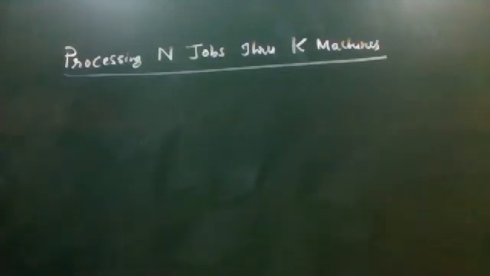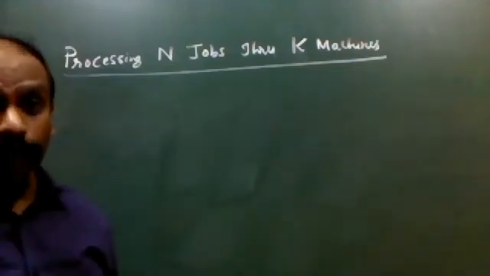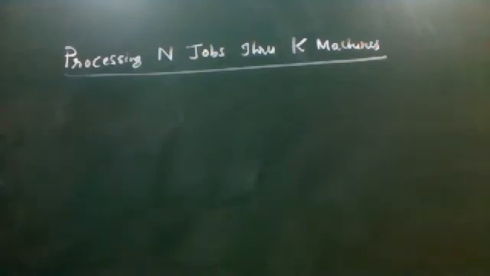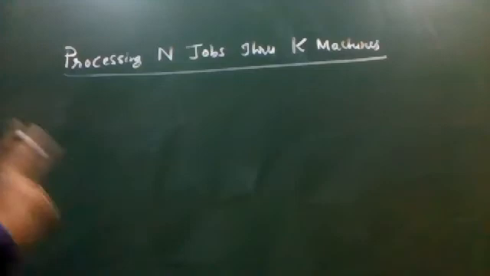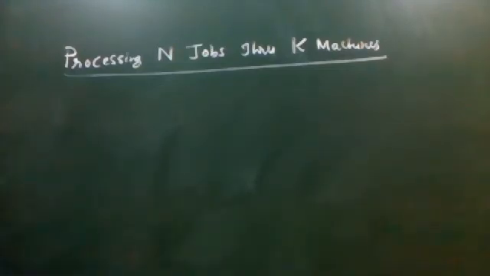But in both cases, there was no restriction on the number of jobs. The number of jobs can be any number, but there was definitely a restriction on the number of machines.